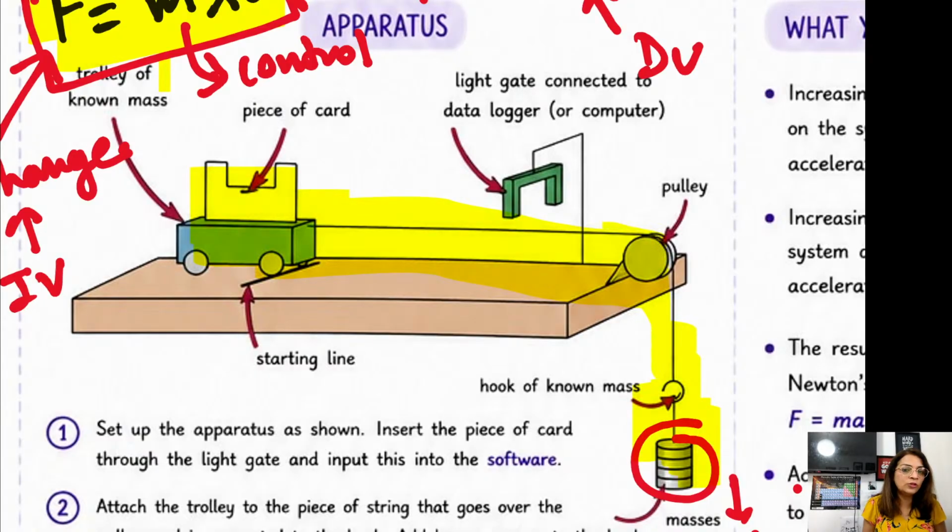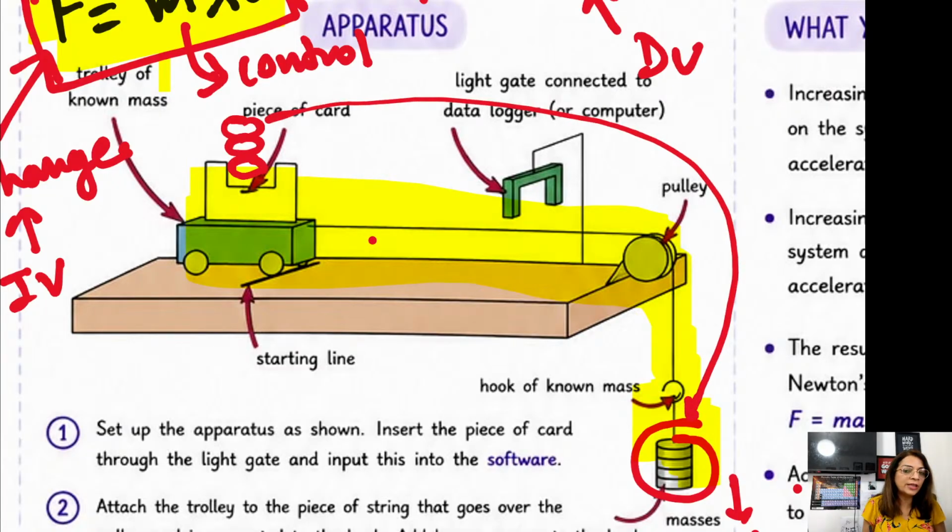Can you see my yellow thing that I have highlighted? This is the system. You must keep the mass the same. So what is going to happen is, Grace, that you will use the mass from the trolley top and place it onto the string there to change the weight. Does it make sense?